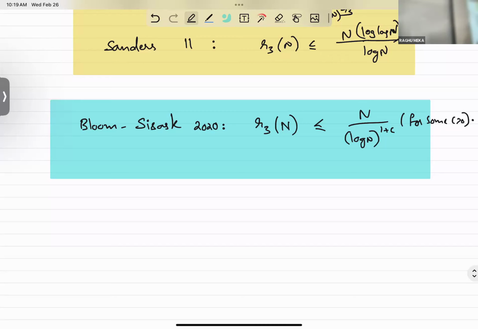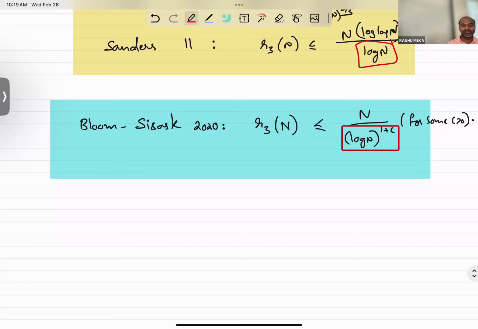It's saying that even sets of density n over log n to the 1.01 must contain this. Quantitatively, you could argue there's not much of a difference between this bound and that bound, but it makes a big difference qualitatively. There are a lot more interesting sets which have this density than that.